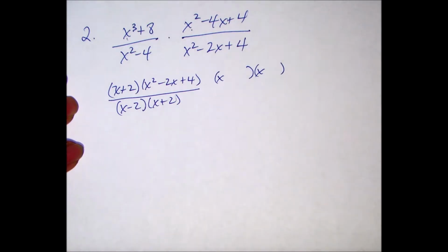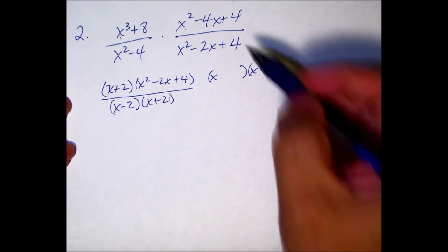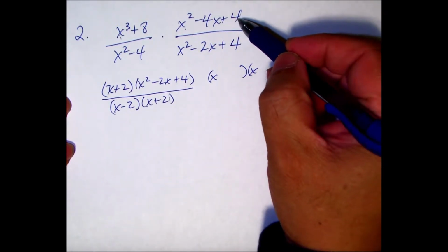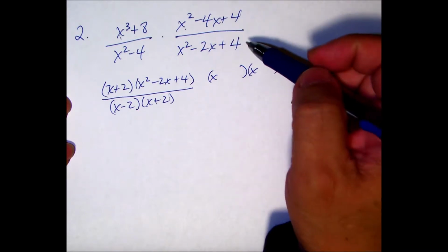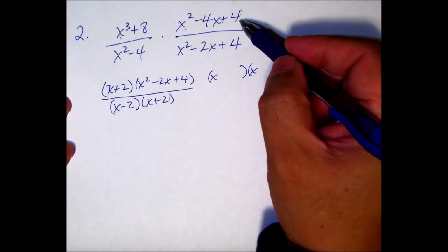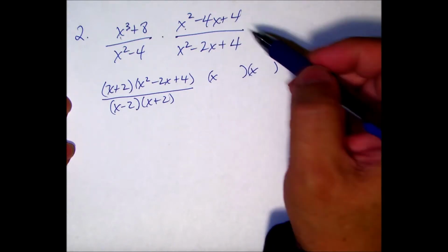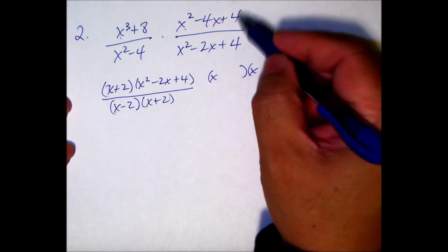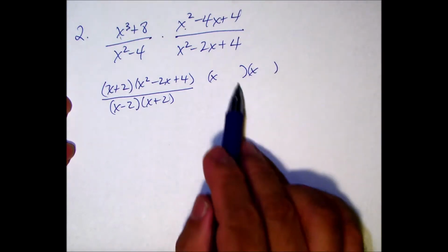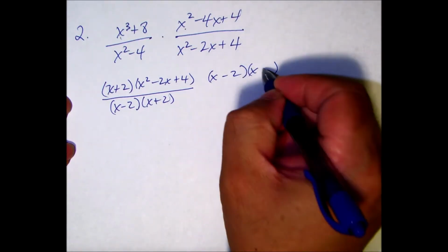But here's the way I look at it: what combination of the factors of 4 combine to make negative 4? Negative 2 times negative 2 gives me positive 4, and negative 2 plus negative 2 gives me negative 4. So that's how you choose the factors that go here: minus 2, minus 2.